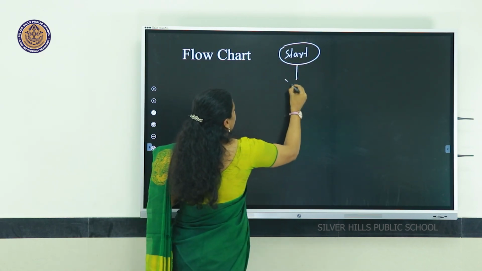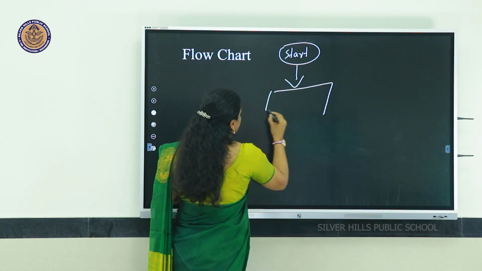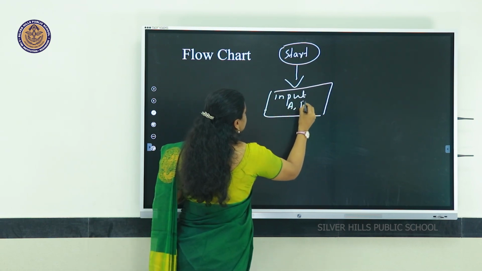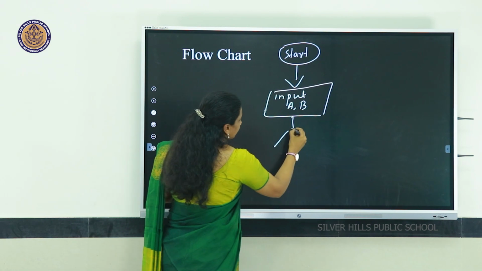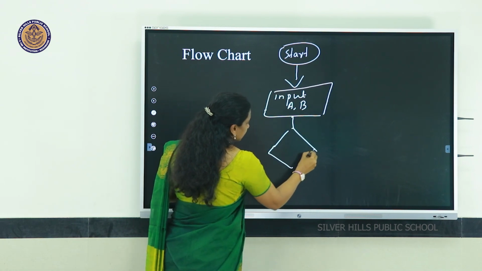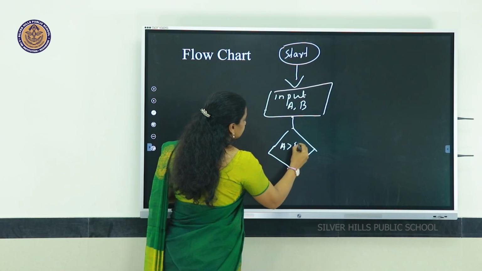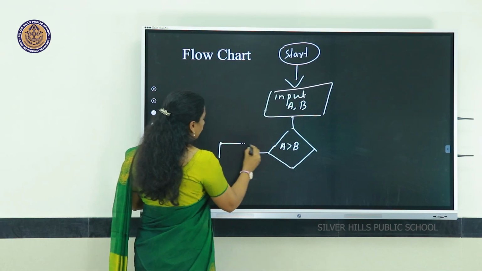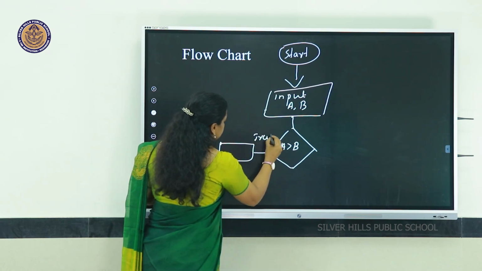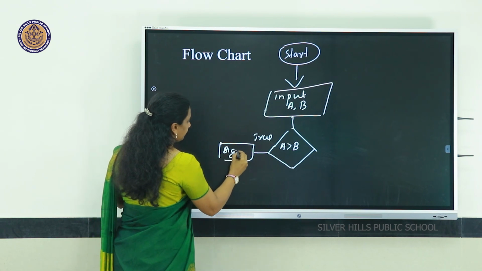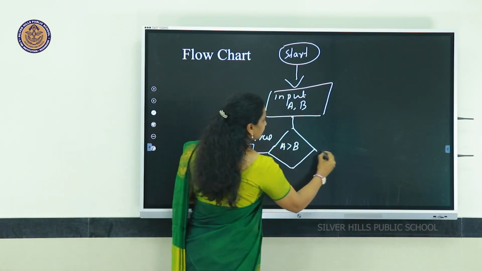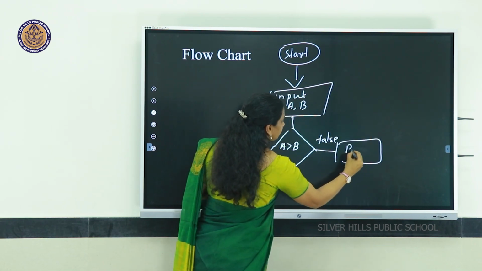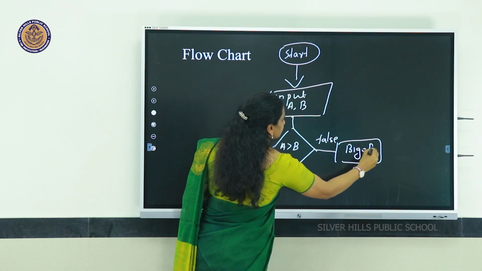You can input 2 numbers, that is A and B. Then you can use the diamond shape, which is used for checking the condition, to check whether A is greater than B. If A is greater than B, if it is true, then you can assume that the biggest number is A, big is equal to A. If it is false, then which one is the biggest number? The biggest number is B itself.